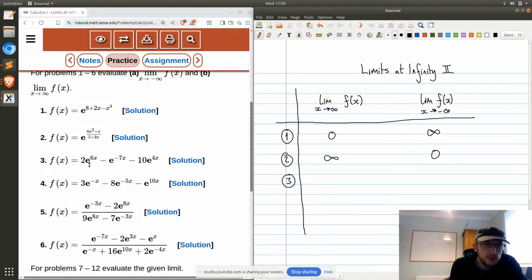And here, okay, at infinity, who overpowers all the others? The first term. And for negative infinity, these turn to nothing, and this one turns to, well, I guess nothing as well.